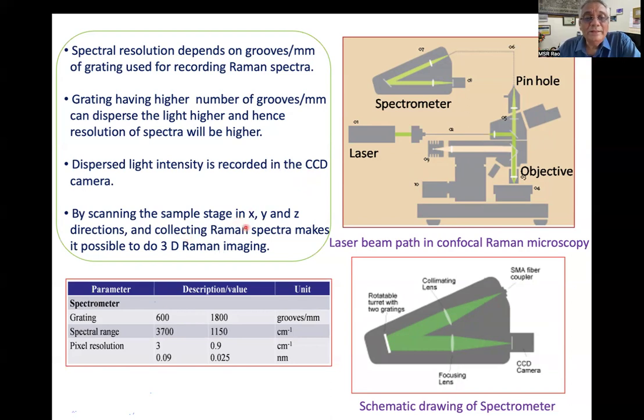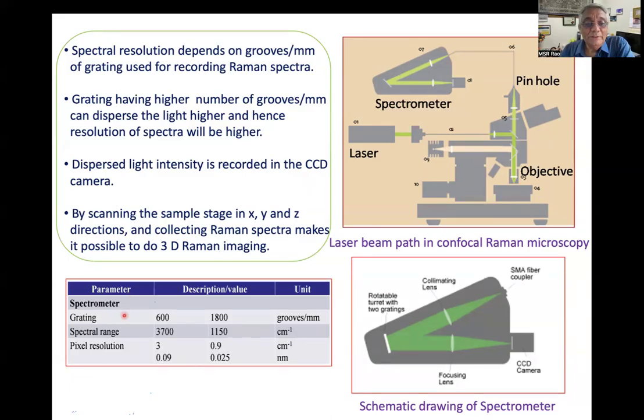By scanning the sample stage in the X, Y, Z directions, one can collect Raman spectra, and it's possible to make 3D Raman imaging. Raman imaging is a very important process using a Raman spectrometer, where you can get complete three-dimensional mapping of the sample.